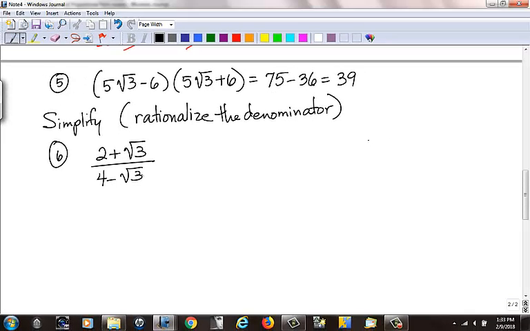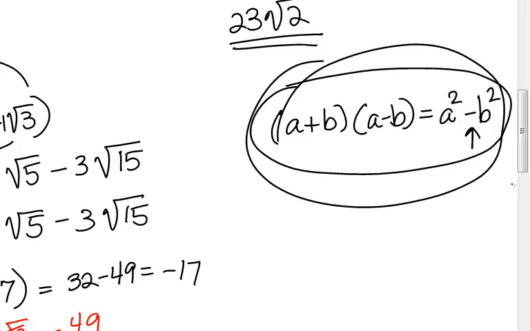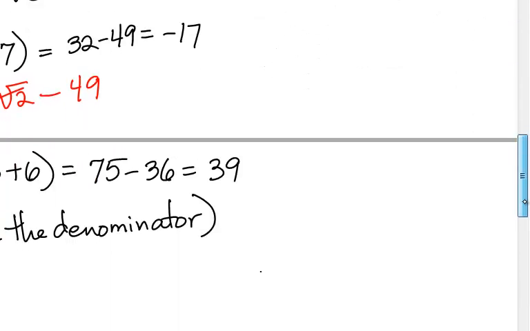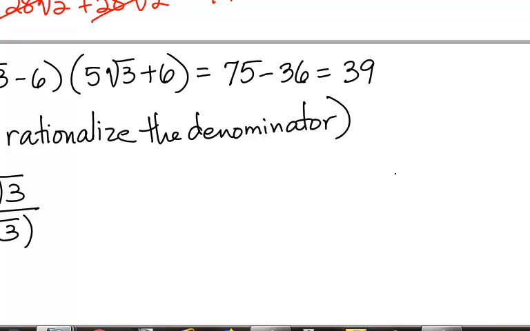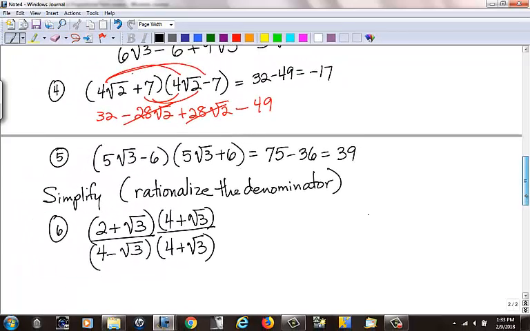To get rid of that radical in the denominator, if there's a plus or minus sign, you always use the idea that we did up above here. You use this a squared minus b squared. So what you would want to multiply by, you look at that denominator and multiply by the 4 plus radical 3. If you multiply the denominator by 4 plus radical 3, you got to multiply the numerator times 4 plus radical 3. It's okay to have a radical up in the numerator. You just can't have it down in the denominator.